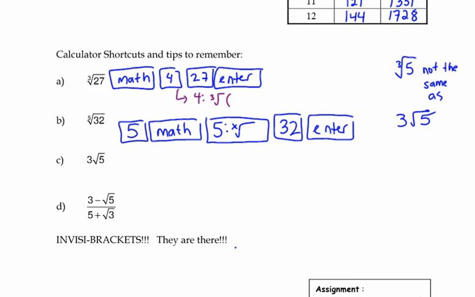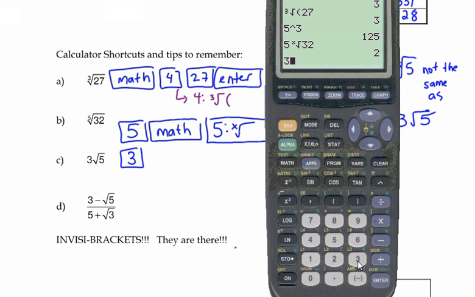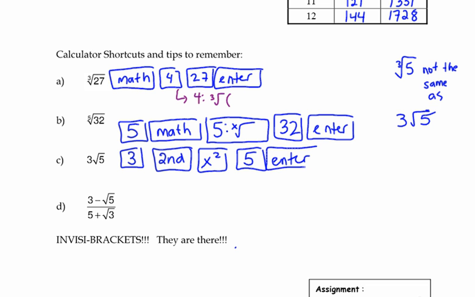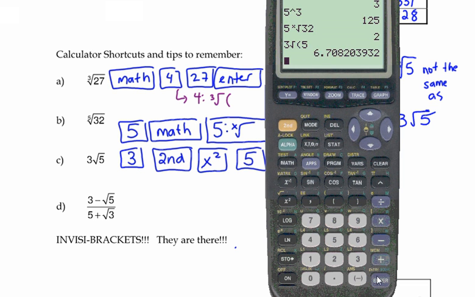Very different. So in your calculators, you actually just have to type 3, and it automatically will multiply if you go second x squared. 3, and then 5, and enter. So notice the difference.